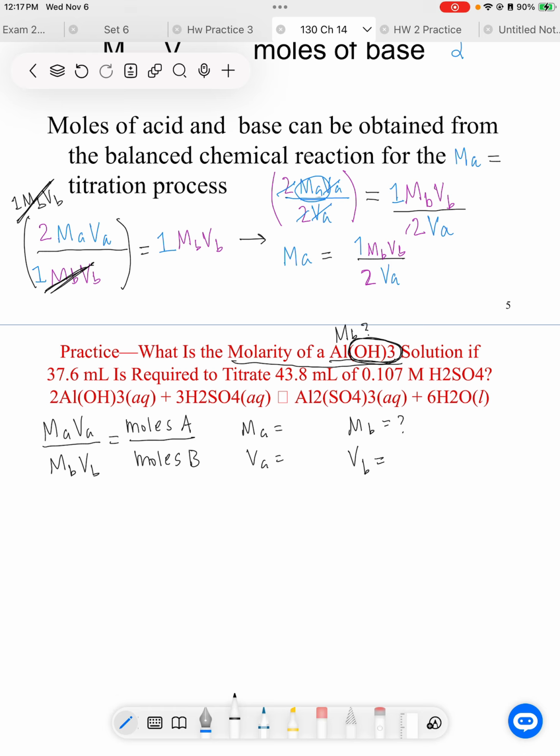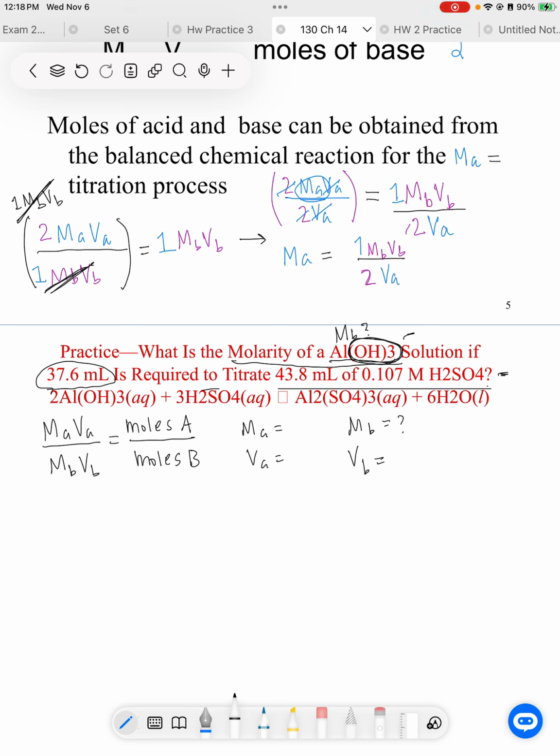If 37.6 milliliters is required to titrate 43 milliliters of this. So this is one thing, okay? And is this an acid or a base? Well, it's got a hydrogen and a polyatomic ion, so we know that this is sulfuric acid. So this is an acid, this is the base.